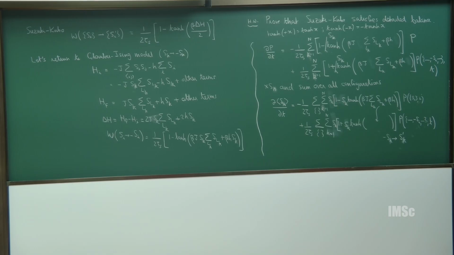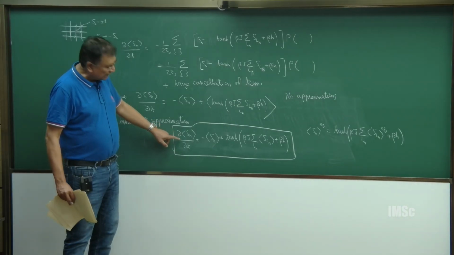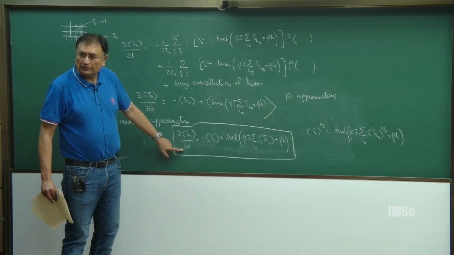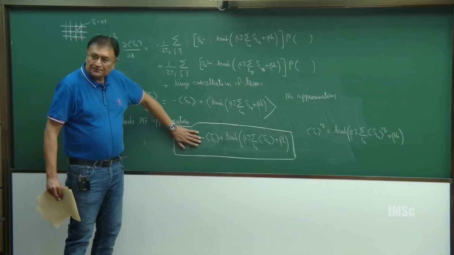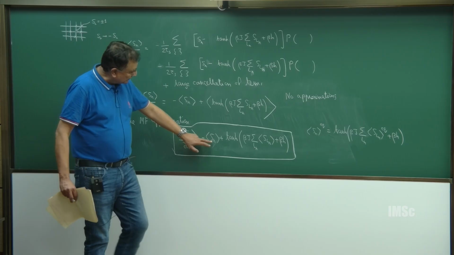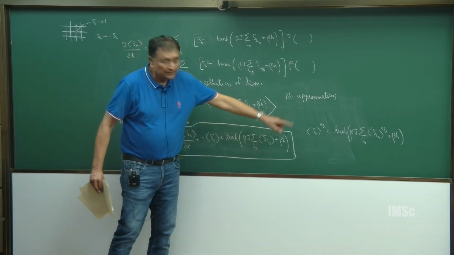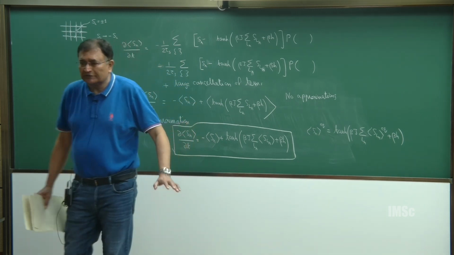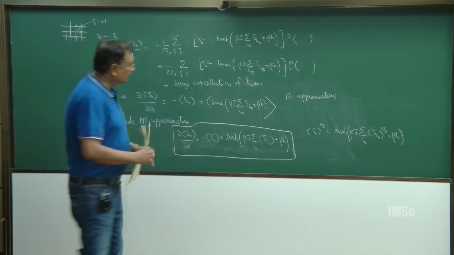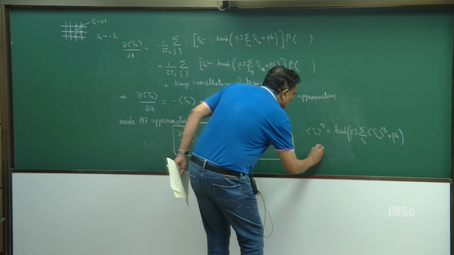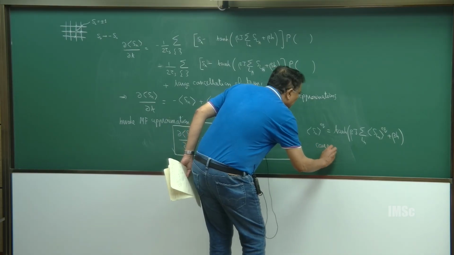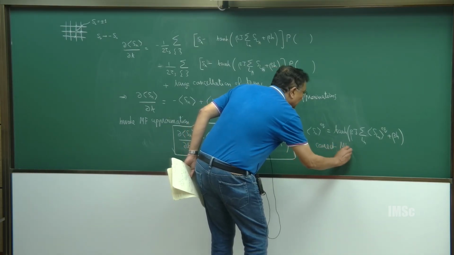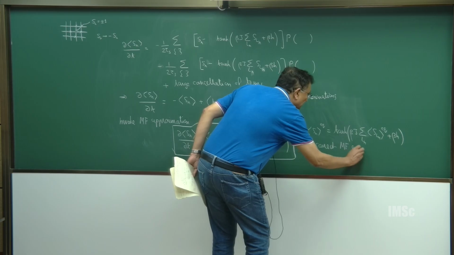If you look for the static solution, that is the equilibrium solution, you set del by del t equal to 0. Okay. So, drop that term, and in equilibrium you get this is equal to this, and I put the superscript equilibrium so that there is no confusion. So it gives the correct mean field equilibrium.